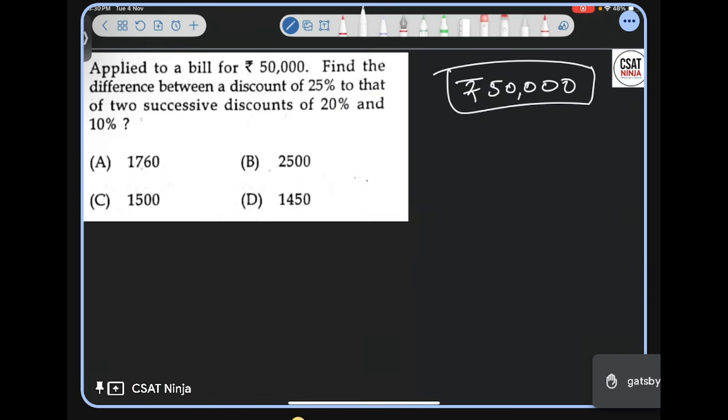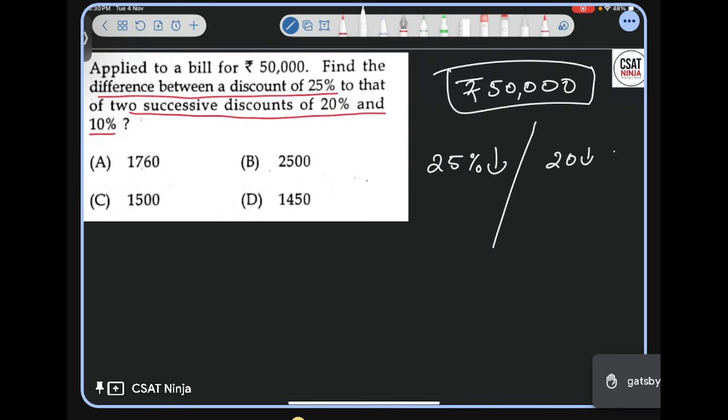The question says we are asked to find the difference between the discount of 25%, okay, there is a discount of 25%, and that of two successive discounts of 20% and 10%. That means we are comparing this discount and another discount, which is a 20% discount and a 10% discount.